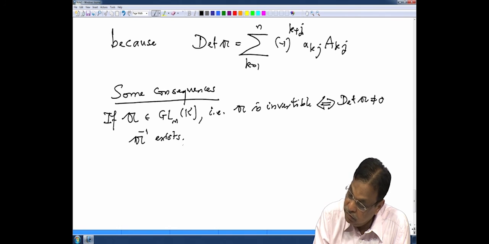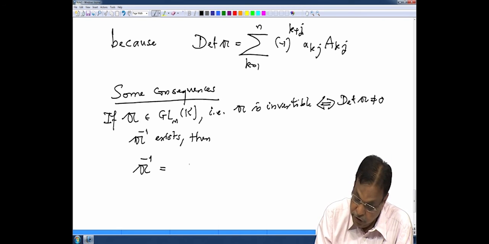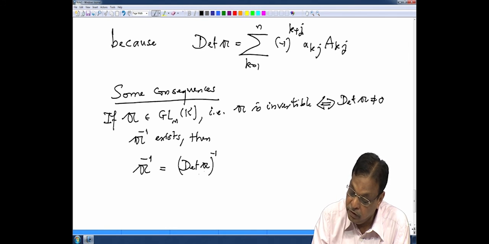Then A inverse is nothing but determinant inverse times the adjoint matrix. Determinant is a non-zero scalar, so this makes sense in the field.